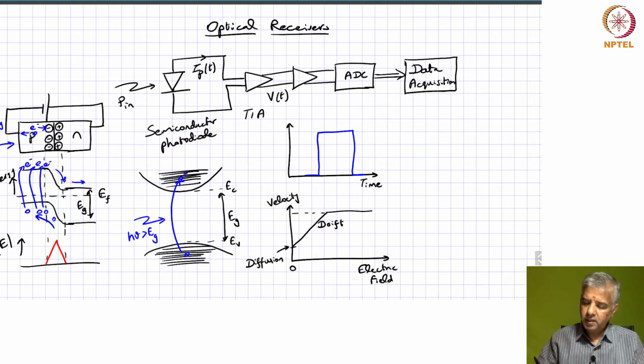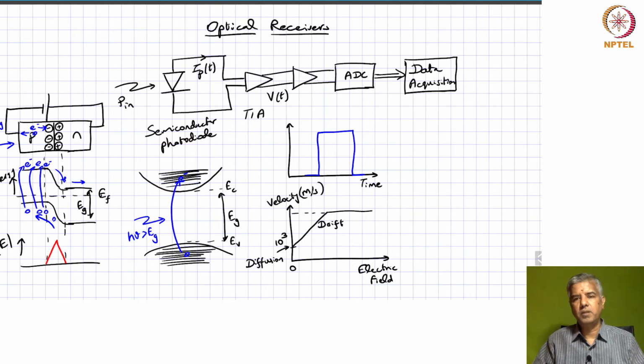The key point here is that this diffusion velocity tends to be on the order of 10 power 3 meters per second, whereas the saturation drift velocity can be on the order of 10 power 5 meters per second. So there's going to be a huge difference in the transport mechanism of the carriers, whether it's under the influence of the electric field or not.